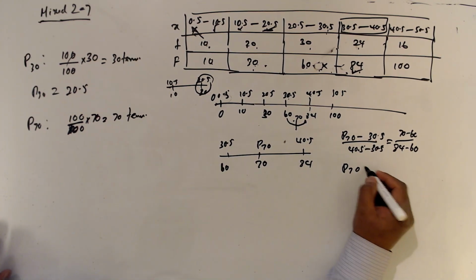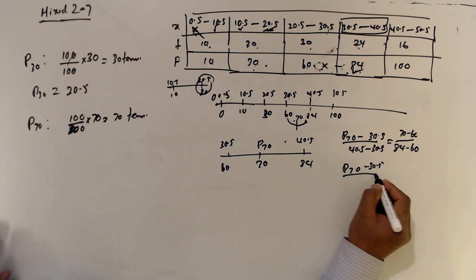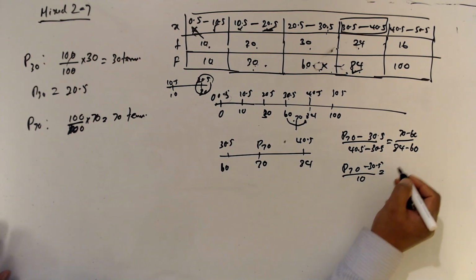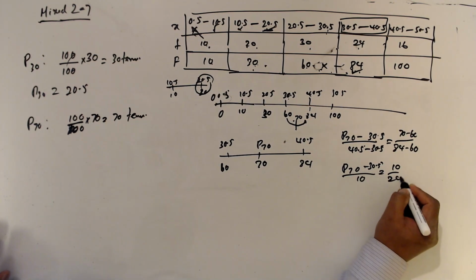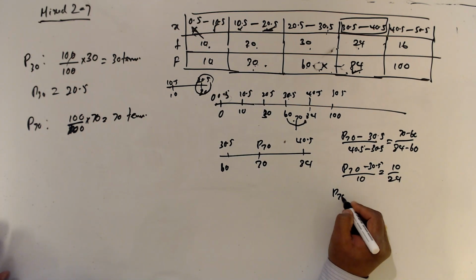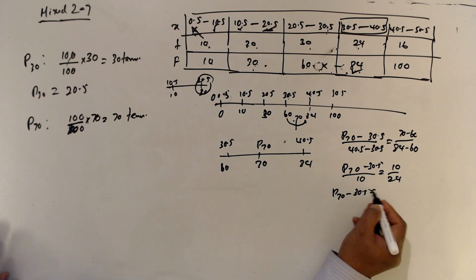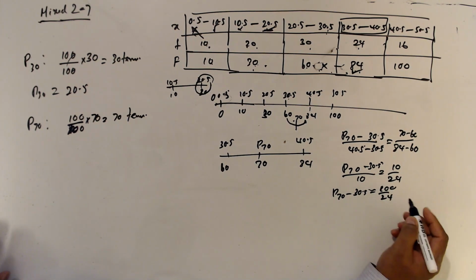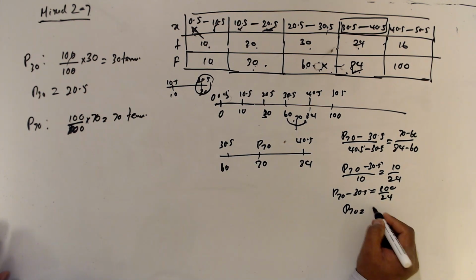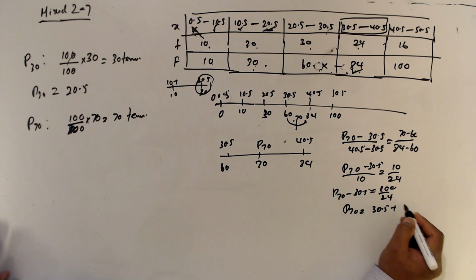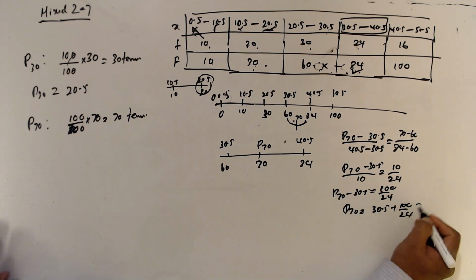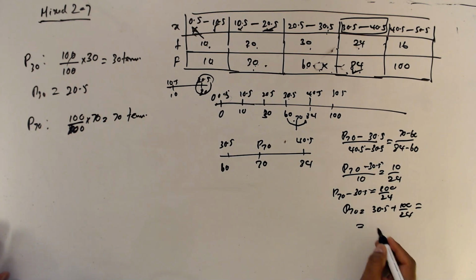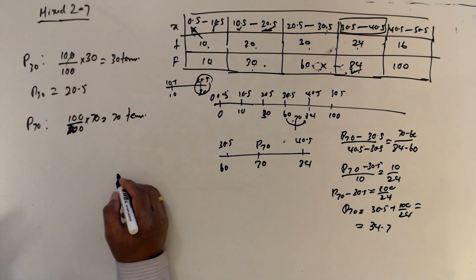So P minus 30.5 over 10, 70 minus 60 is 10, and 24. P70 minus 30.5 equal 10 times 10, 100 over 24. Then P70 equal 30.5 plus 100 over 24. The answer should be 34.7.